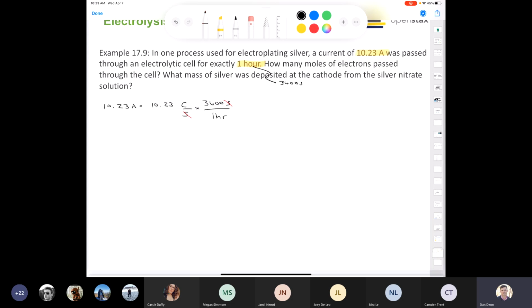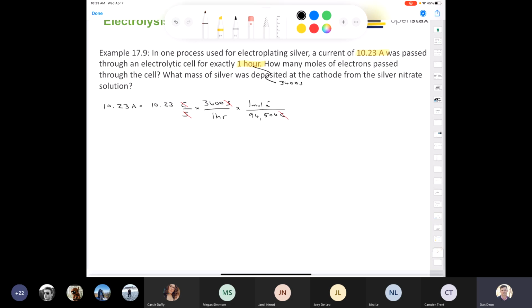And I know from Faraday's constant that for 1 mole of electrons, I have 96,500 coulombs. So you see that coulombs cancel, and I end up with the number of electrons that passed in that 10.3 amps of current over 1 hour.